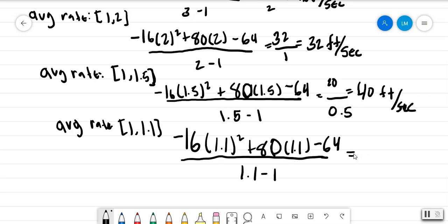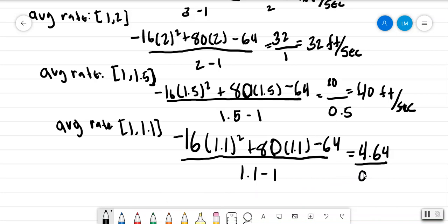hang on, so we have minus 16 times 1.1 squared plus 80 times 1.1 minus 64. Okay, this is a little bit better. So we have that this is going to be 4.64 divided by, not 1.1, but 0.1, yeah, that should be 0.1.